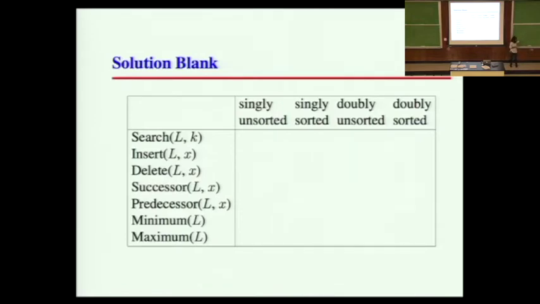Now, what if the linked list is sorted in the order of the keys? Yes, exactly. Excellent. Thank you. It should be the same, because it's a linked list, so we can't use a binary search algorithm.